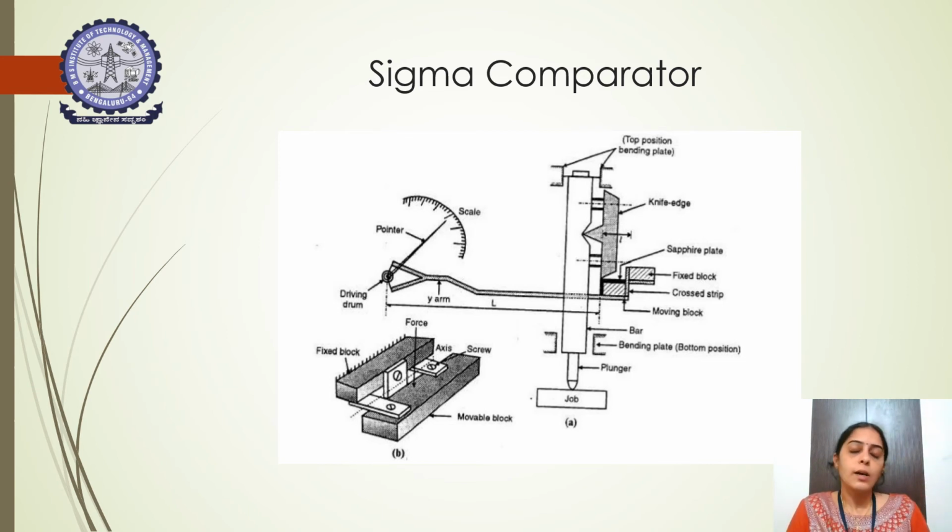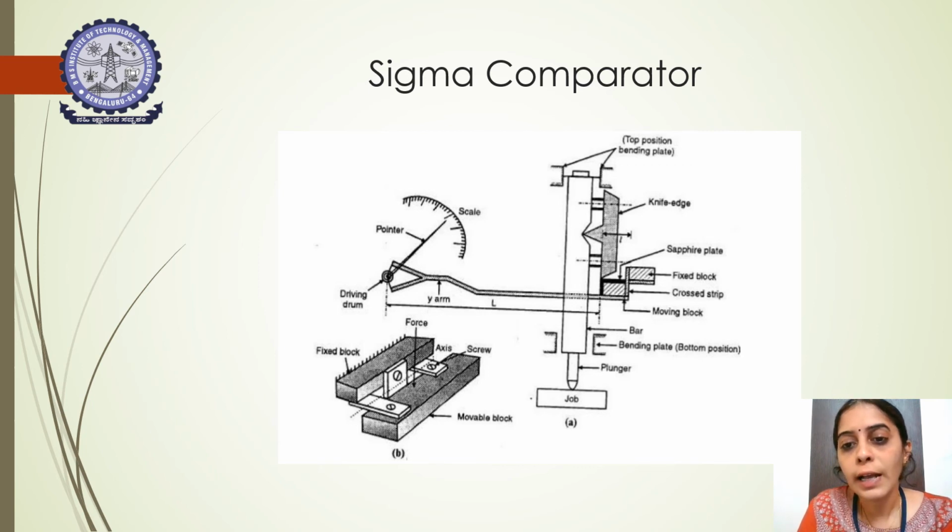And the next type of mechanical comparator we have to understand is the sigma comparator. The sigma comparator has two parts, section A and B. Before going in depth, you can see here you will have a plunger, a jaw will be placed here, and you will have bending plates at both sides. This is a rectangular block, and this part is called the knife edge, and you will have a sapphire plate here and a moving block which can be moved with the help of a cross strip.